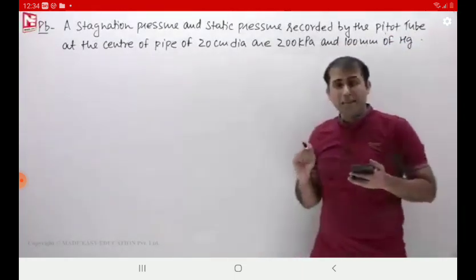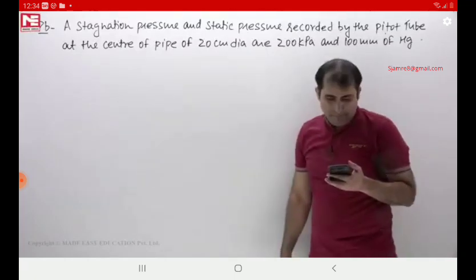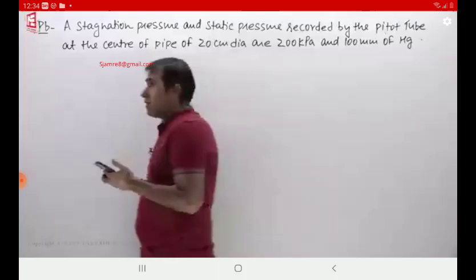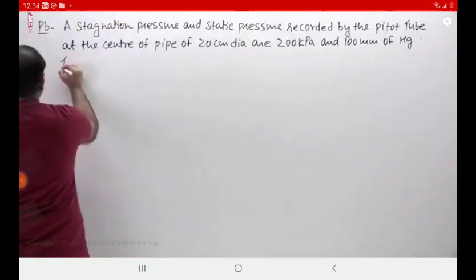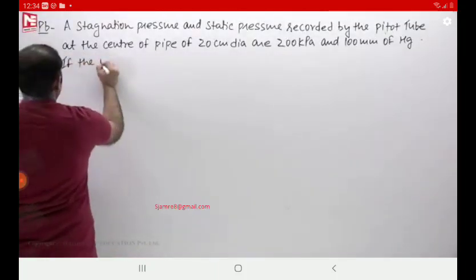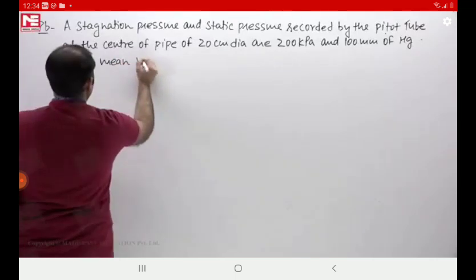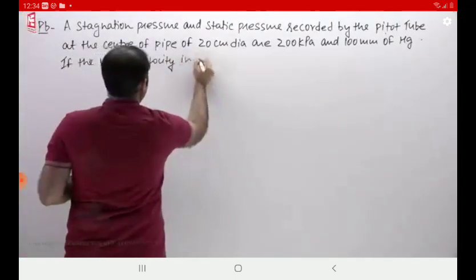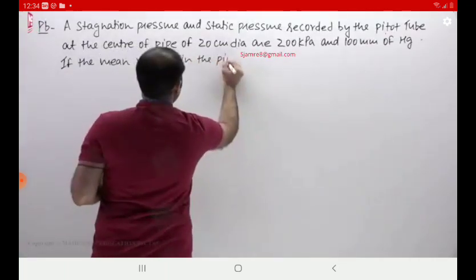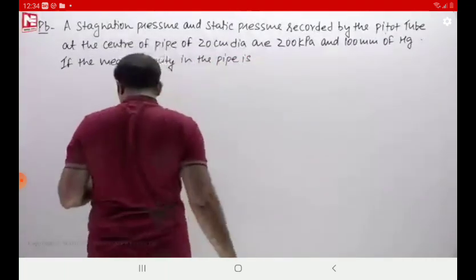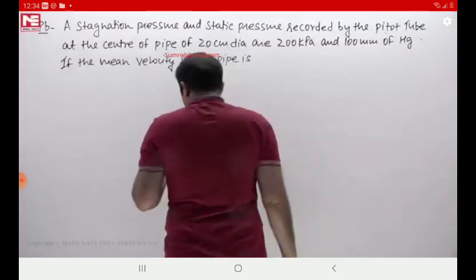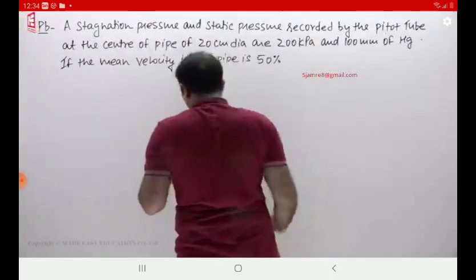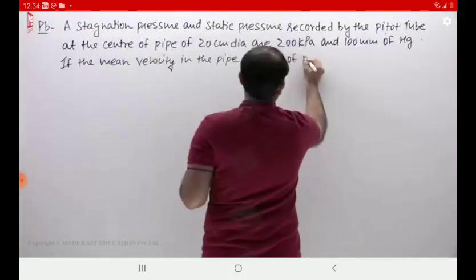Okay, साथ साथ लिखते जाइएगा. The mean velocity in the pipe is 50% of maximum velocity.